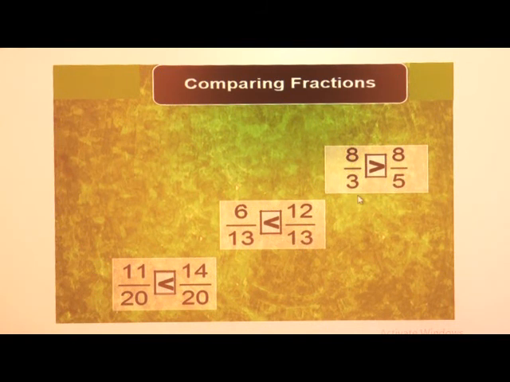One more example: 8 upon 3 and 8 upon 5. In the previous class we learned that when the numerators are the same, here 8 and 8, the fraction with the lower denominator is greater. Comparing the denominators, 3 is lower than 5.